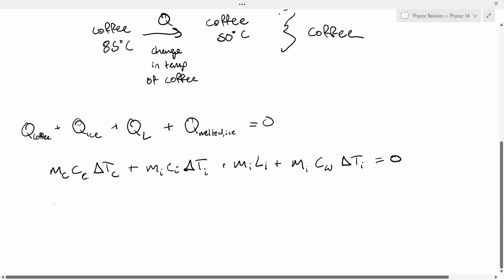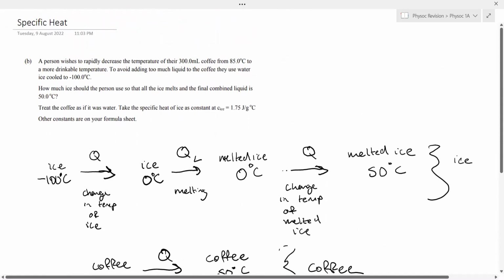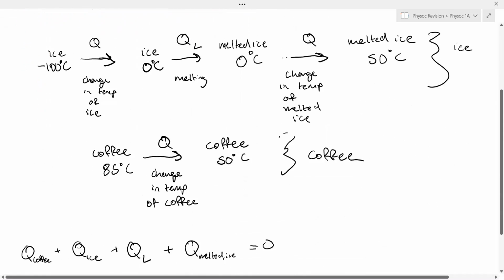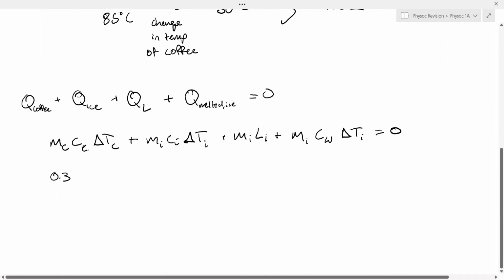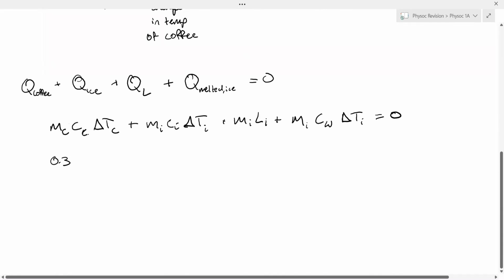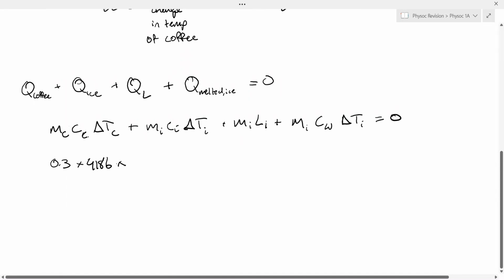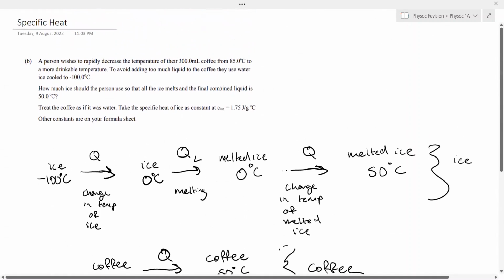So this is going to be our 0.3. We're given 300 milliliters. So 1 liter of water is equal to 1 kilogram. So 300 milliliters is 0.3 kilograms. Specific heat of water, 4186. This is going to be final minus initial, so 50 minus 85, plus mass of the ice. How much ice did we put in?